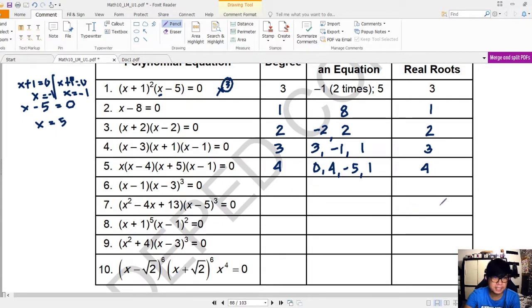Okay, number 6. Number 6, the degree is tatlong ulit, paulit itong 3, di ba? Because of the cube here. So, 2x, so 4. The degree is 4. So, the first real root is 1. Tapos, 3 next, pero yung 3 natin will appear 3 times.